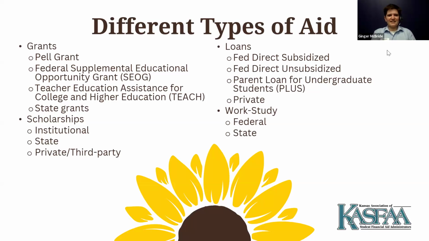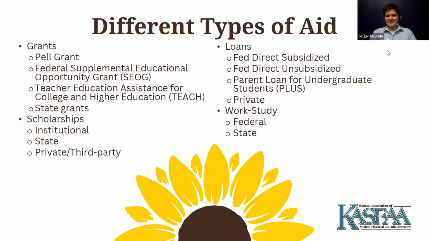And then the Teacher Education Assistance for College and Higher Education, or TEACH Grant, is also a federal grant that students who are pursuing certain education programs may be eligible for if their school participates in that. And then state grants as well. So in the state of Kansas, we've got grant and scholarship information through the Kansas Board of Regents website. The Kansas Comprehensive Grant is a big example of that, but there are certainly others, and the KBOR website is a great place to become familiar with more of those.